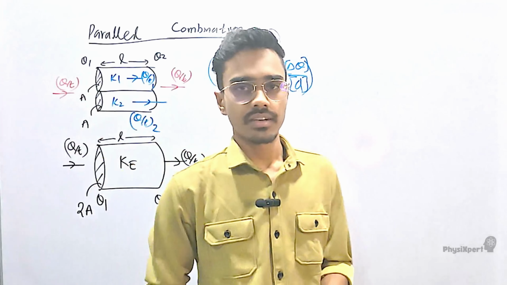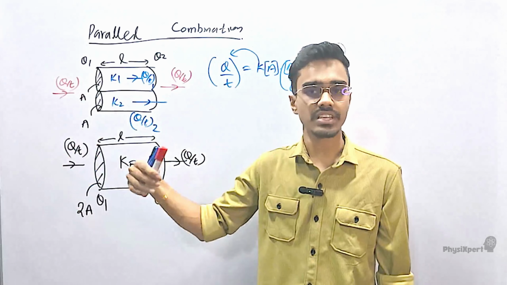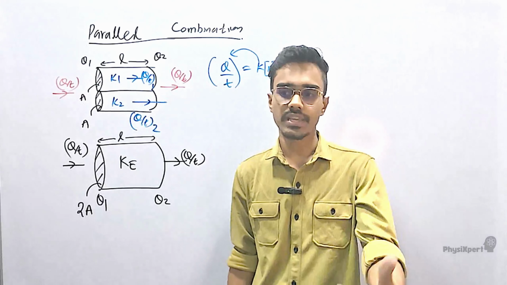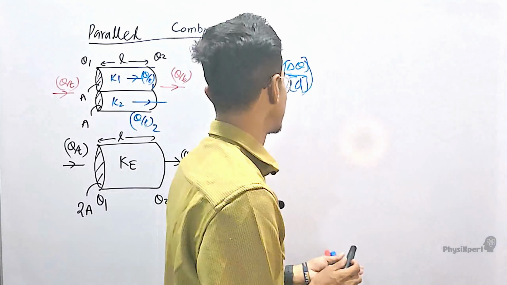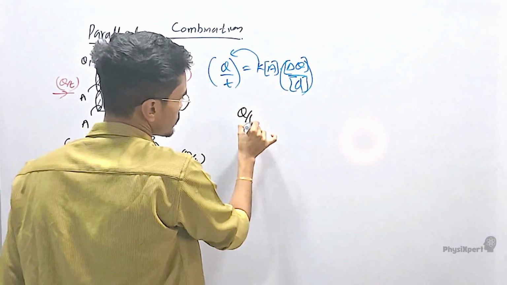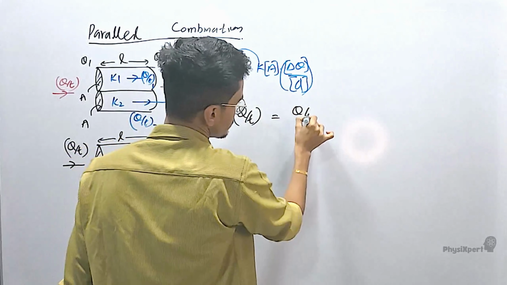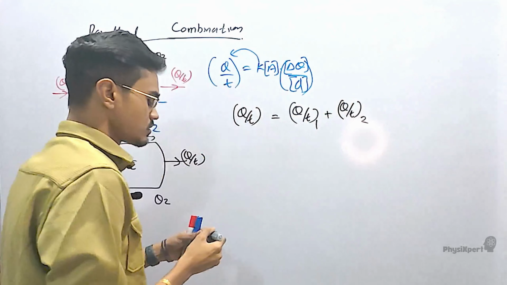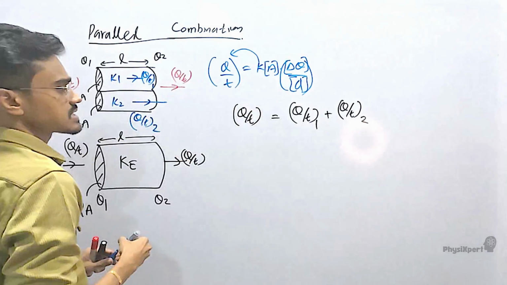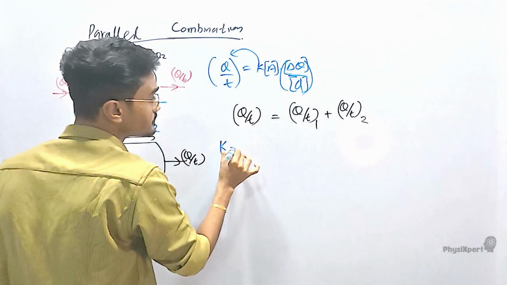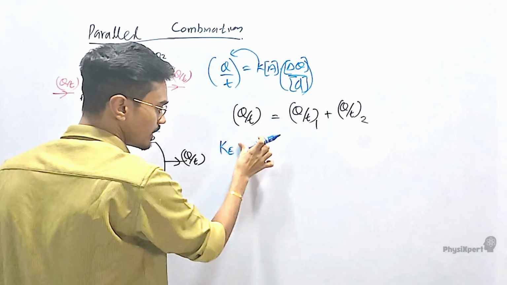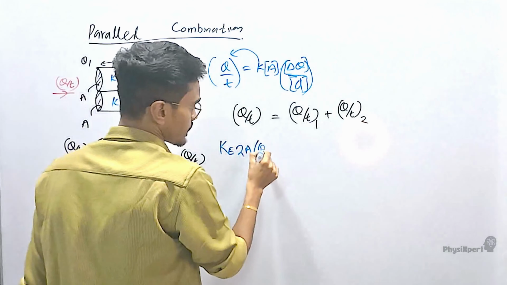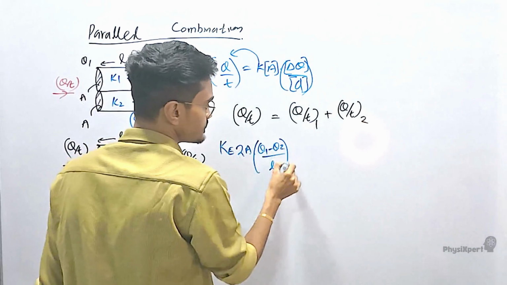Now, the argument is straightforward. The different physical quantity here is Q over T. Write the equation, develop your argument for the different quantity Q over T, right? Then total Q over T should be Q over T 1 plus Q over T 2, right? So we know Q over T can be expanded using this equation. And this is the equivalent side, Ke, 2A, delta theta is theta 1 minus theta 2 over L, right?